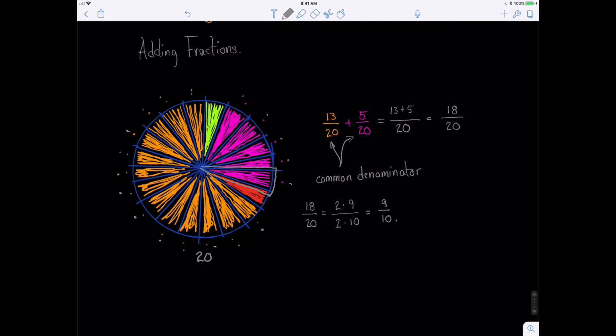Now, here's the key to adding fractions. To add fractions, they must, that's an always, they must have a common denominator.